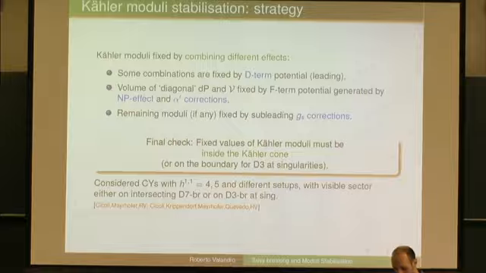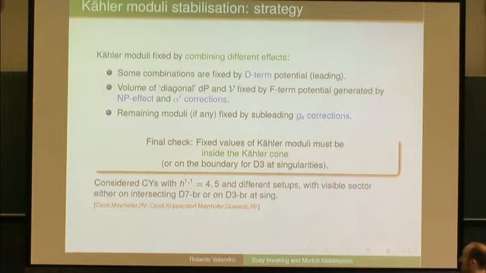So what's the strategy then if you want to stabilize the Kähler moduli and avoid this problem? Well, we consider a set of examples in which we were able to proceed this way, and basically what you do is what I said along this talk. You stabilize the moduli order by order in 1 over the volume. First you have the minimization that will fix some combination of the Kähler moduli. Maybe it will fix the cycle to shrink, and it's good if you want to have the brane singularities, or it fixes some combination of them.